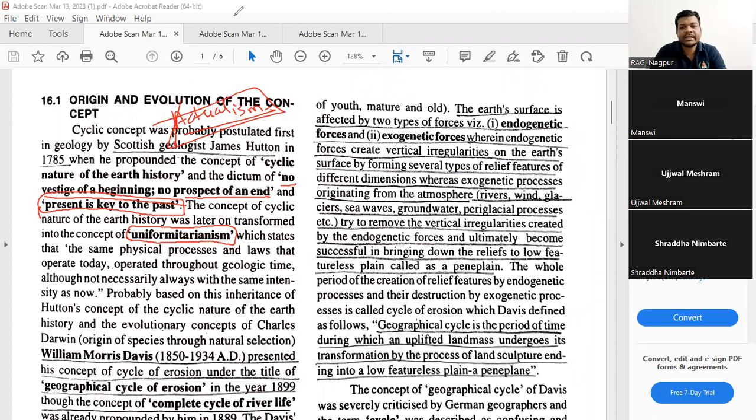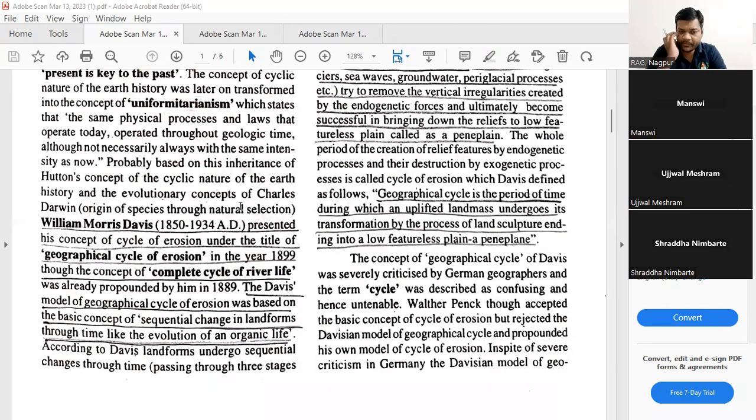Now this theory, which was given by James Hutton and then developed by people, was more popularized by Davis. He presented his concept of cycle of erosion under the title of geographical cycle of erosion.